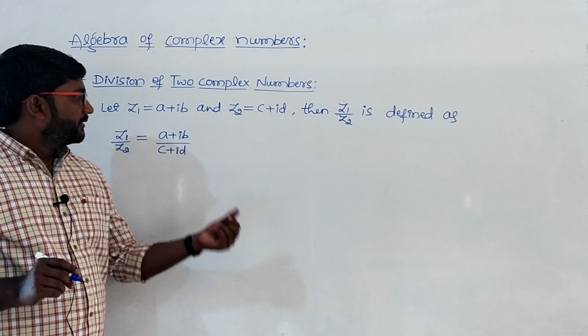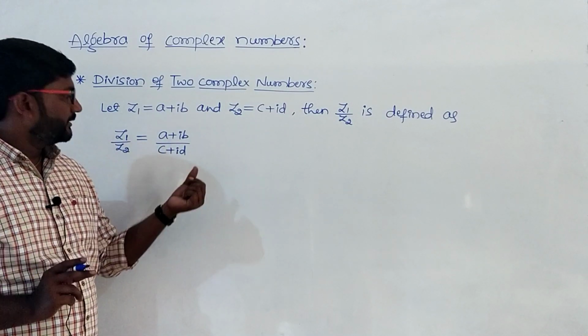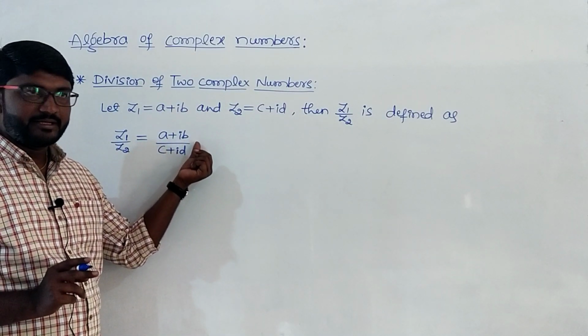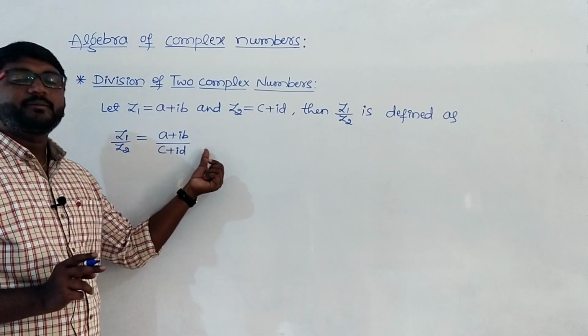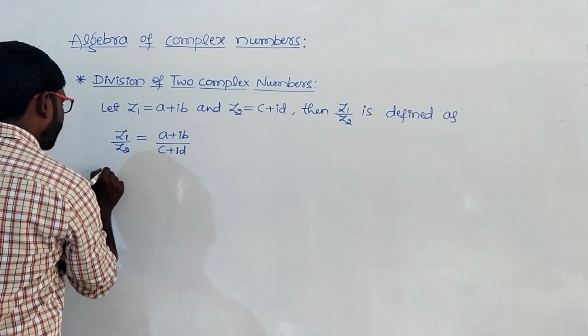So now we'll understand this by considering an example. Again we have to go for rationalization. Multiply and divide by c minus id. So see here, I'll take an example.